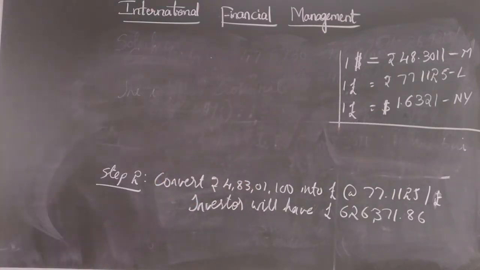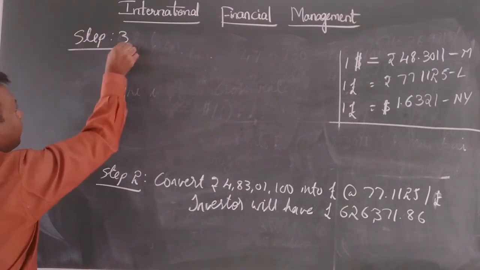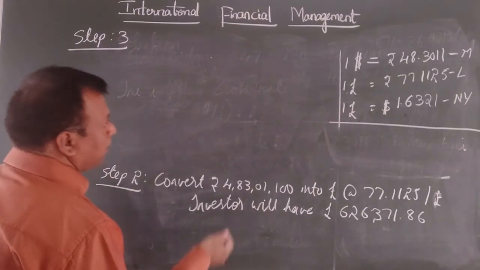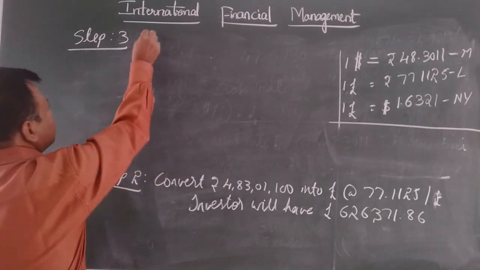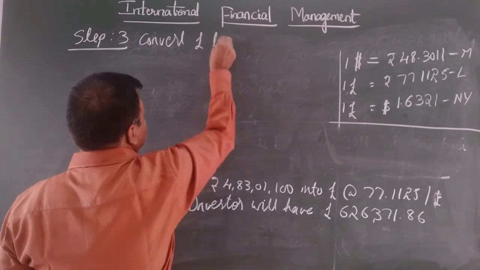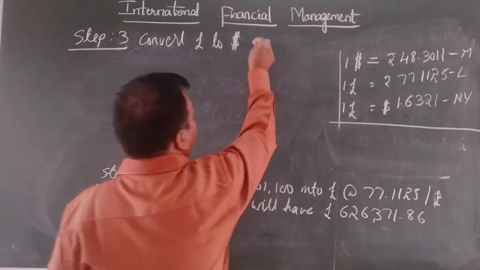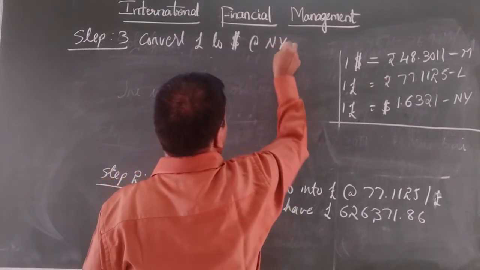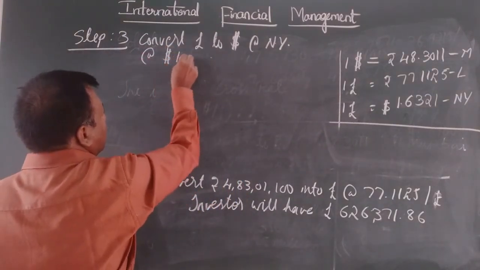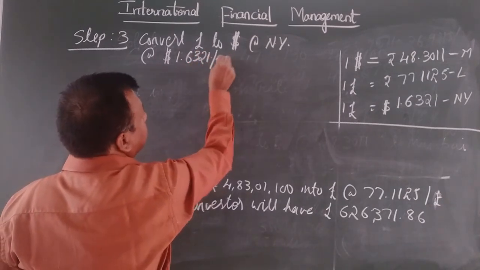Now we'll move to step 3. Again we have to convert the third currency back to the first currency. Now pound we have to convert back to dollar. We convert pound to dollar at New York at the rate of dollar 1.6321 per pound.